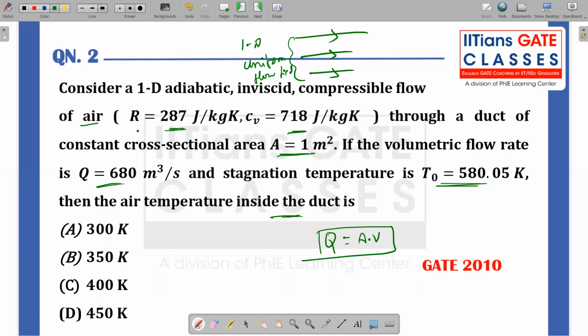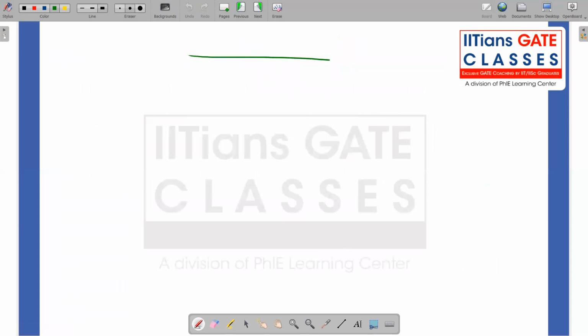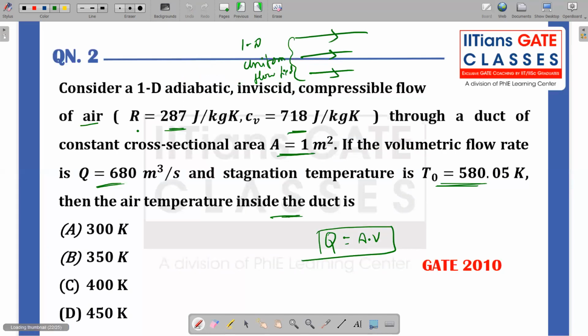So now we will solve this particular problem. What they have given, I have a constant area duct where flow is going, right? So now they have given area is equal to 1 meter square, and they have given T naught is 580.05 Kelvin. That is what is given in the problem.